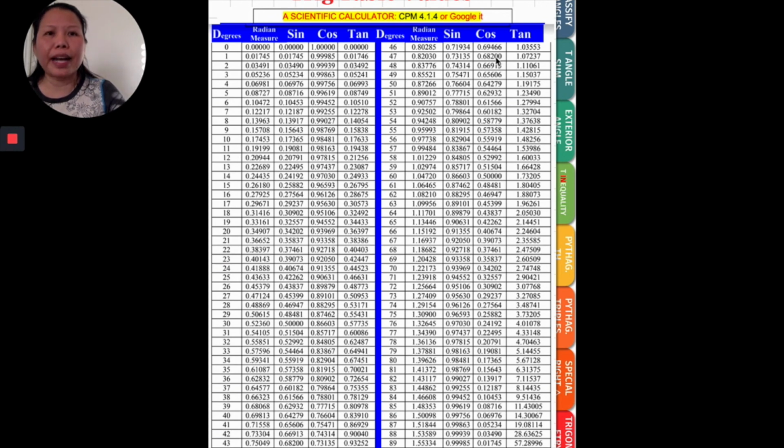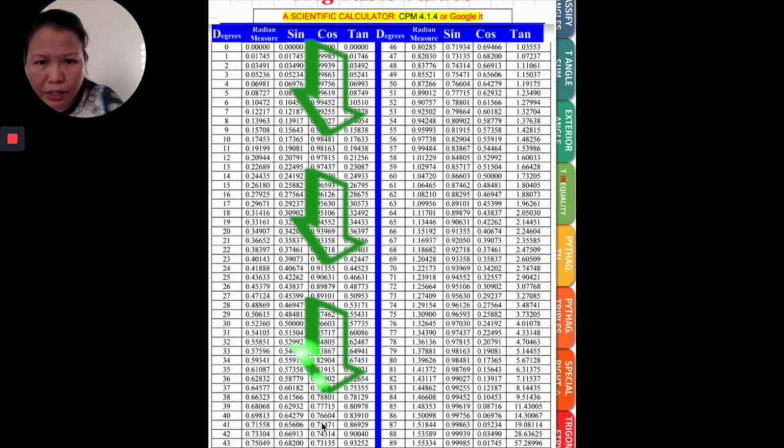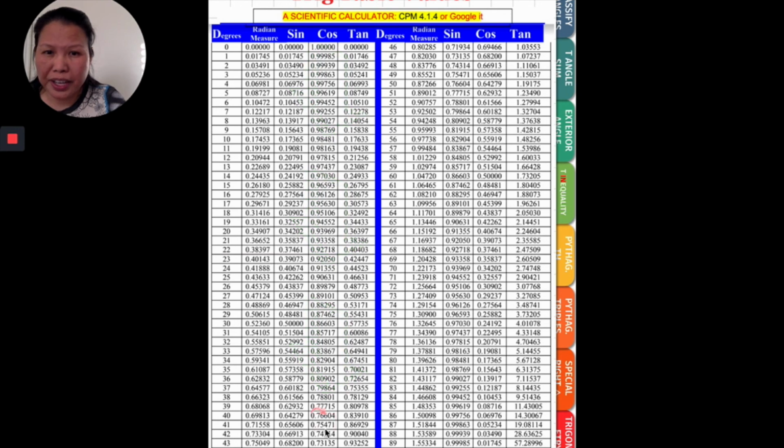Oh, it's going down, so maybe it's to the left of the blue line. Cosine 0.75 is way down here. I see 0.754 and I'm going to stop at 0.754. Now look to the left side and find the degree. I get 41 degrees and 41 degrees is the answer.